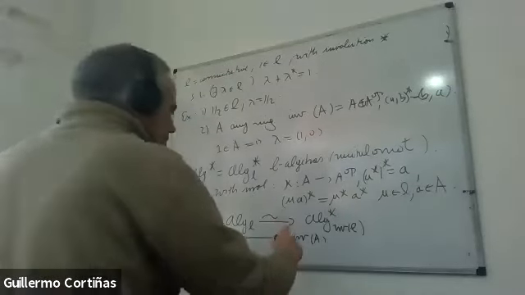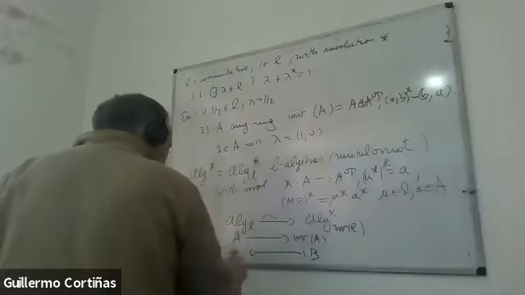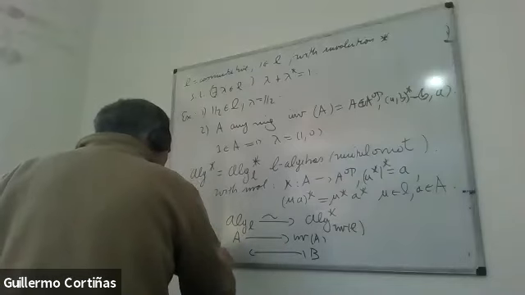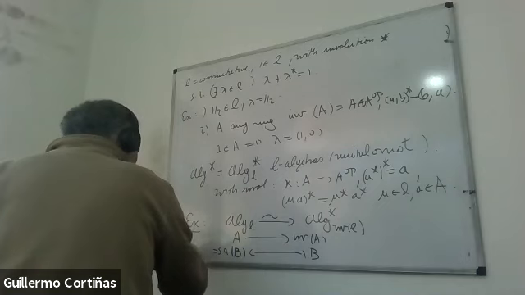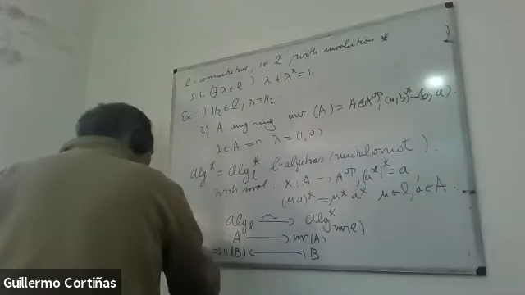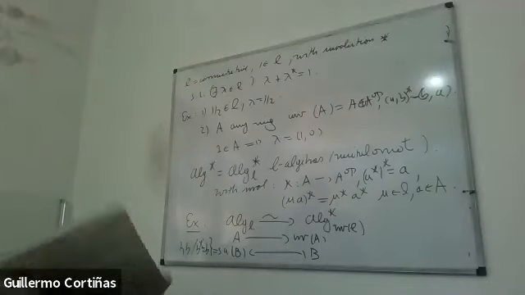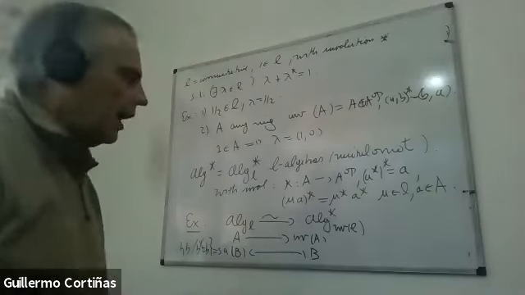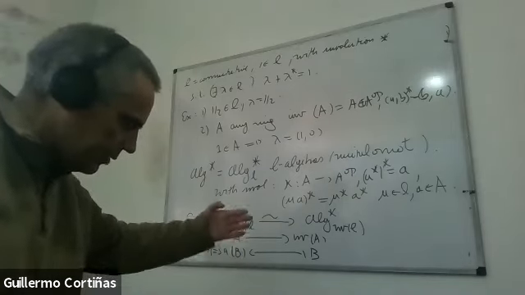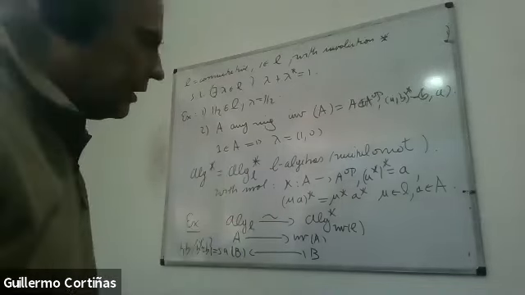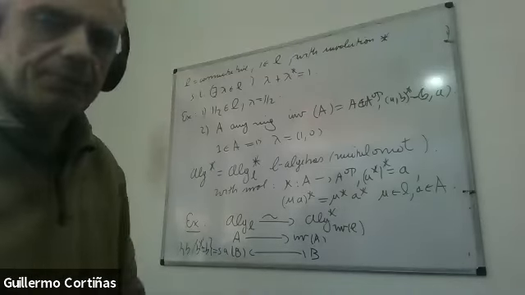The inverse takes B to the self-adjoint elements of B, which are all the b's such that b star is b. Okay, so just to emphasize, algebras are a particular case of star algebras.